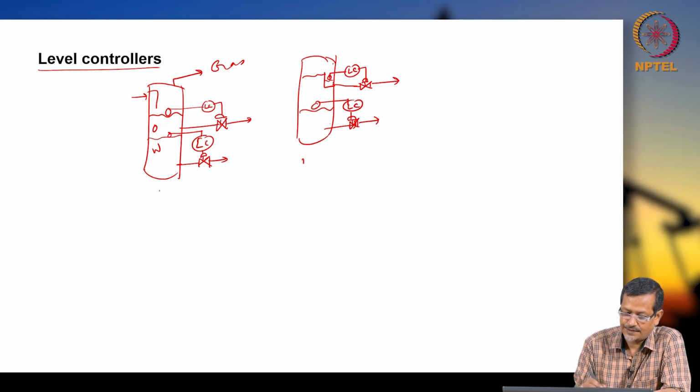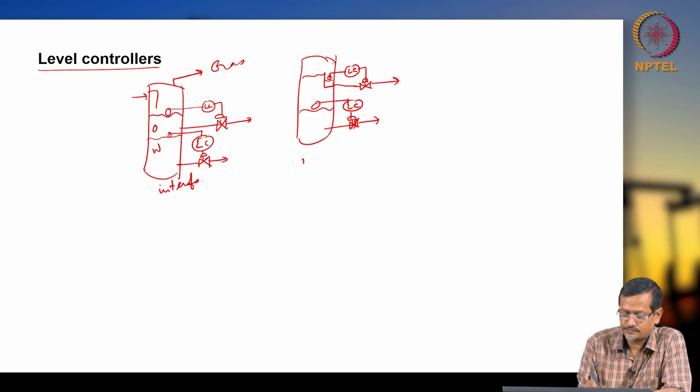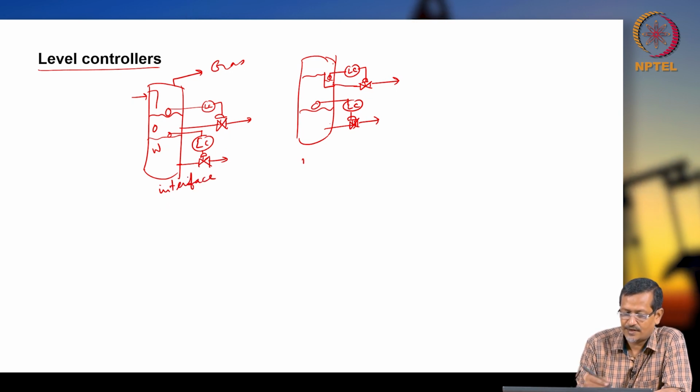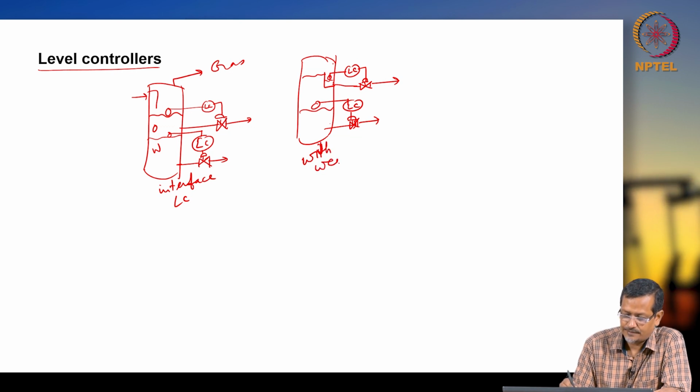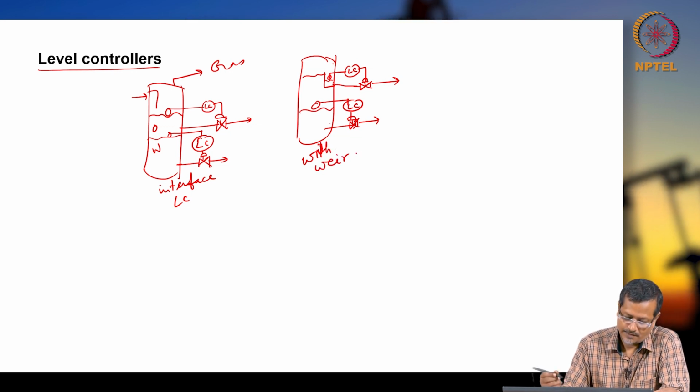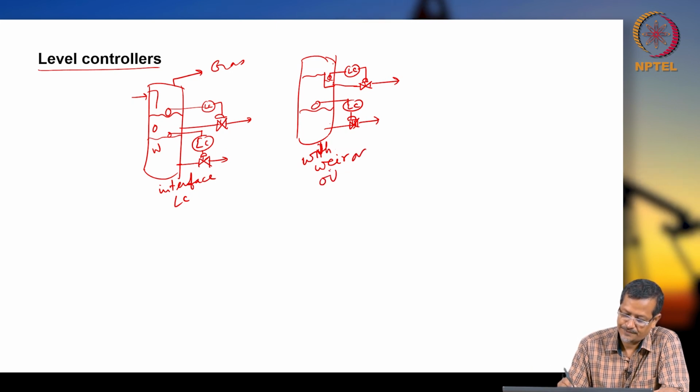So, this is an interface level controller, interface or normal level control, LC, and this one with weir or oil chamber.